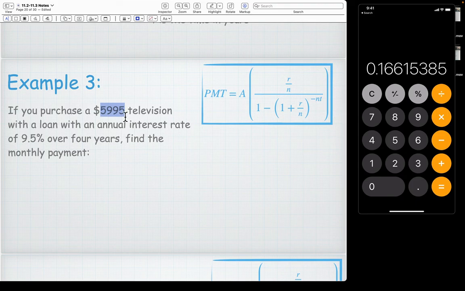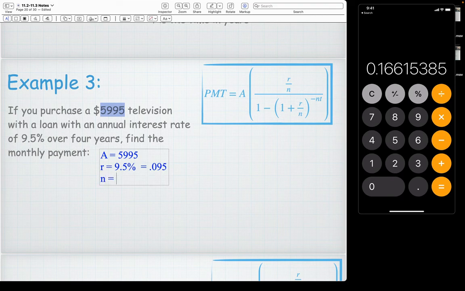Let's see, if we take out a $5,995 loan on a television with 9.5% interest, and we're going to pay that for 4 years monthly, how much is it going to cost us per month? So let's summarize all these different things. 5,995, that's our amount A. And the interest rate is 9.5%, which is 0.095 as a decimal.